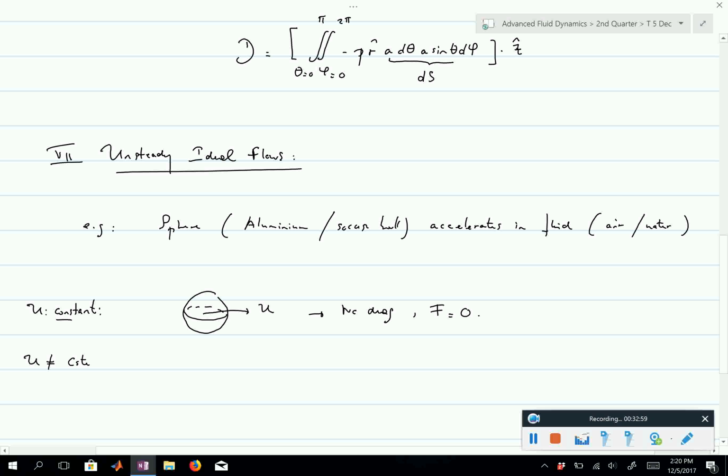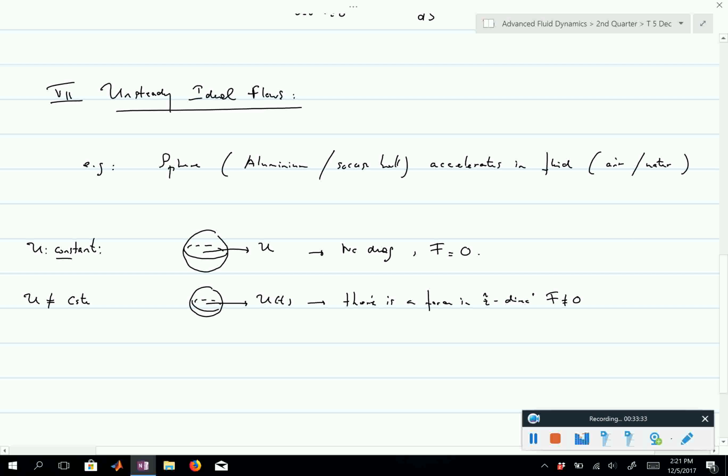Now, if u is not constant, then you will have a force in the z direction. So u here is a function of t. There is a force in the z direction, even for inviscid flows. Okay? Now this force will not be called a drag force.